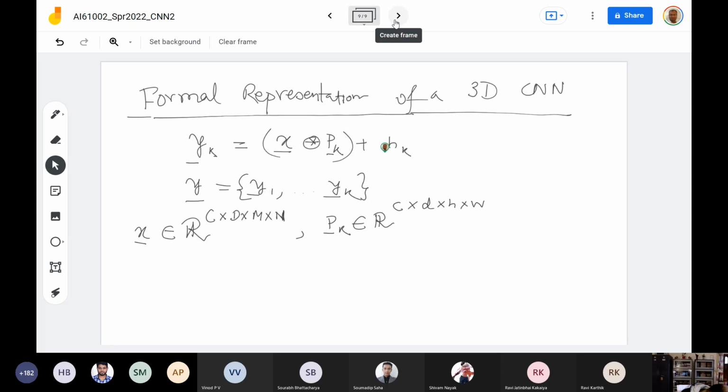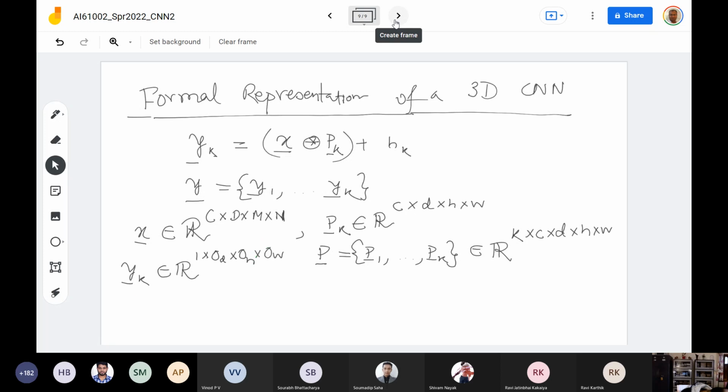Scalar bias. And your P, which is equal to P1 concatenated up to Pk, which essentially belongs to R power of K, which is the number of convolutional kernels you have, cross C, cross D, cross H, cross W. Now your y, each of yk belongs to R power of what? 1 cross OD cross OH cross OW, and your y, which is equal to that concatenation thing.